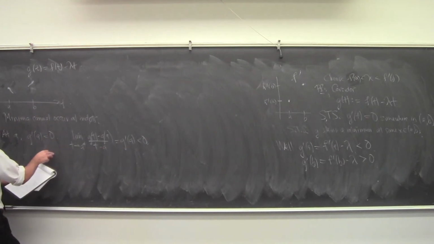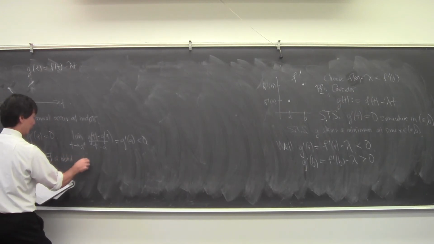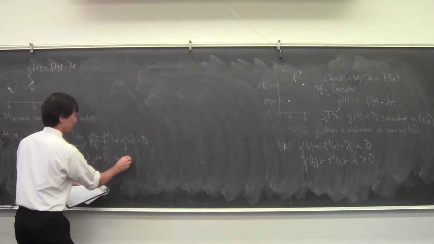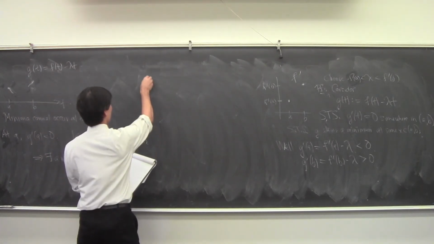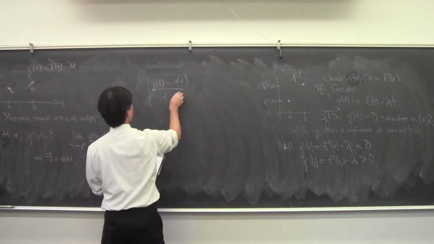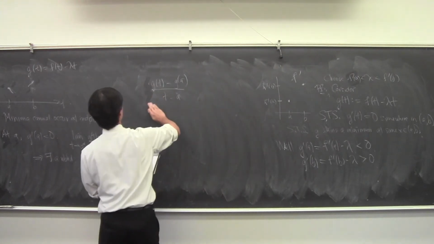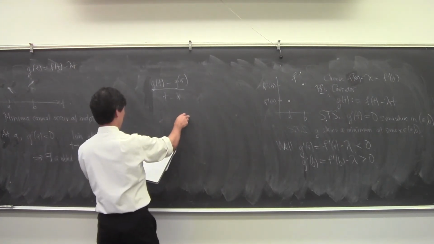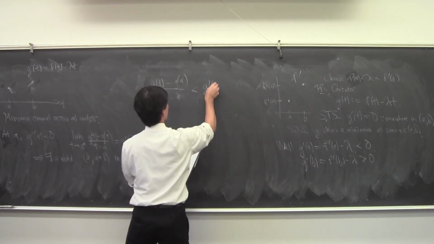So I know that there exists a neighborhood, a plus delta, in which g of t minus g of a over t minus a is less than g prime of a over 2.